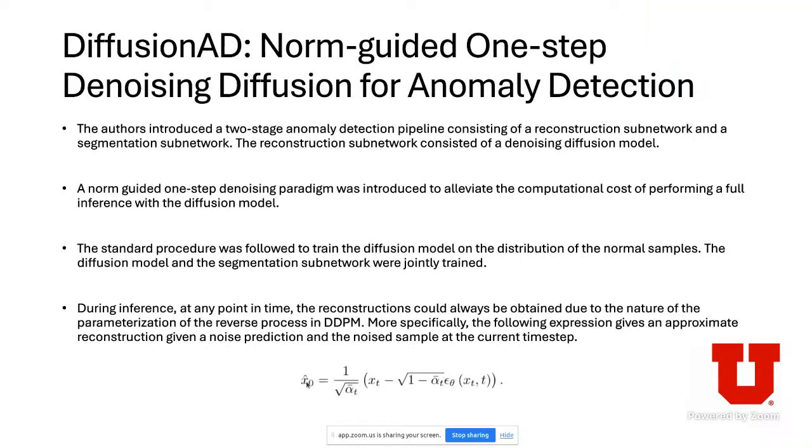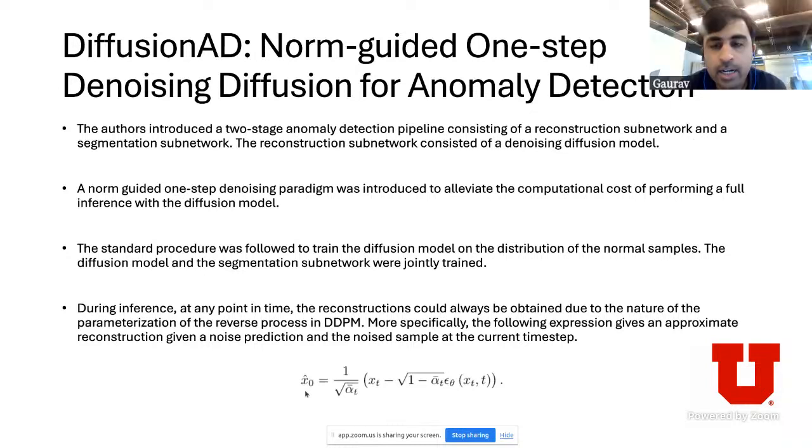Is this model using anomalies for training, or does it just use the normal samples for training? At training time, I think the process was basically to use the normal samples and to predict the noise using the normal samples.